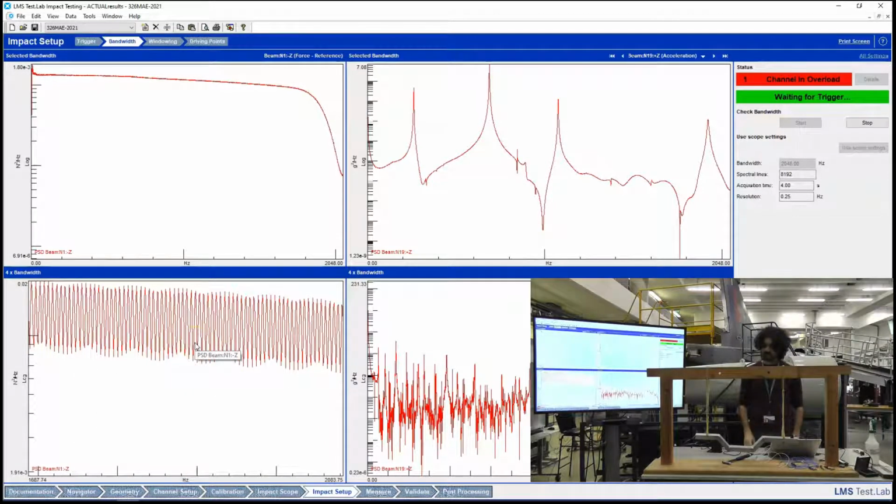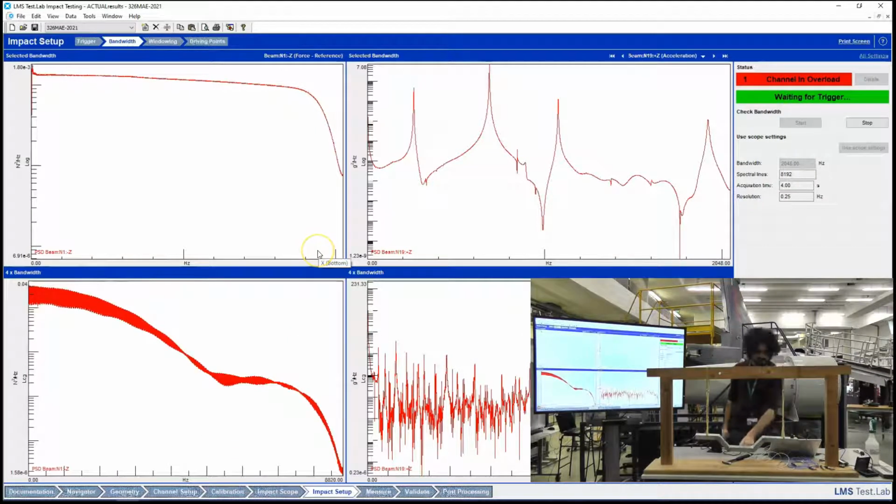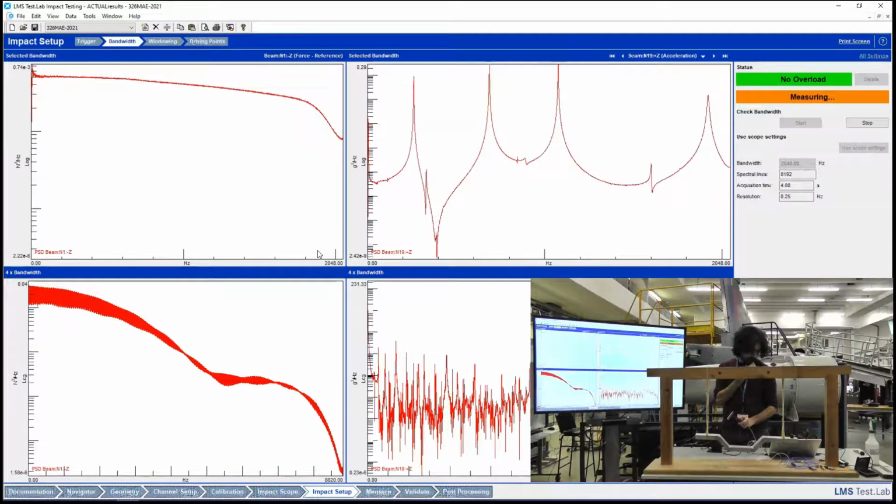So it's not a continuous line. So let's give it another run. So this is a soft impact. Very good. This is an impact close to the accelerometer.